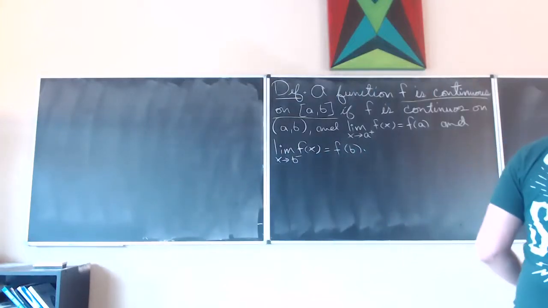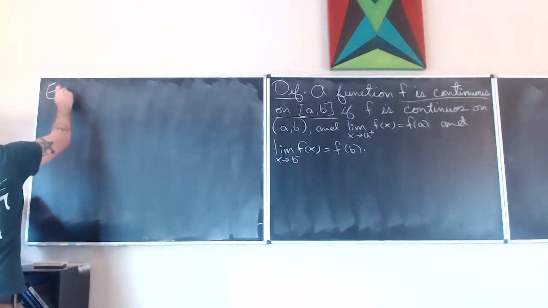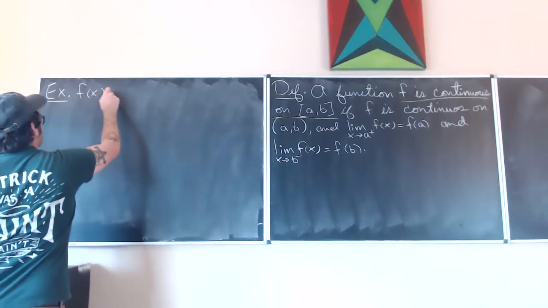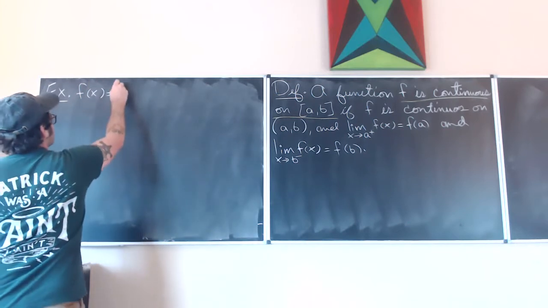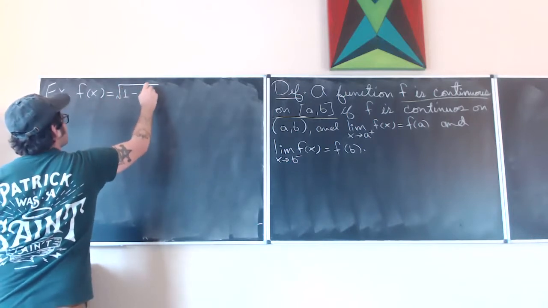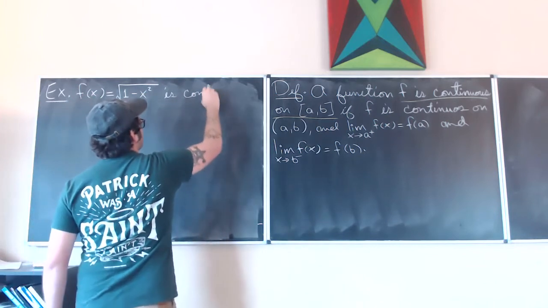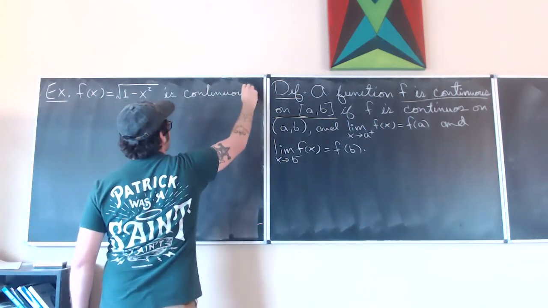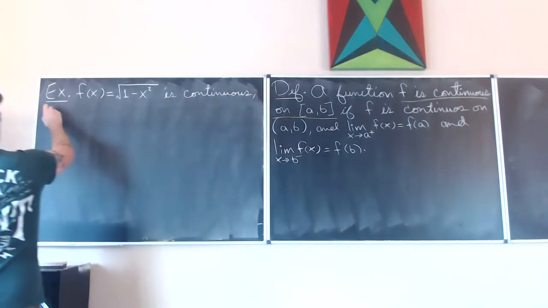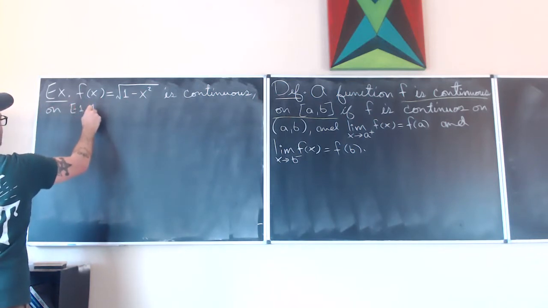Maybe the function f of x equals the square root of 1 minus x squared is continuous on the closed interval -1 to 1.